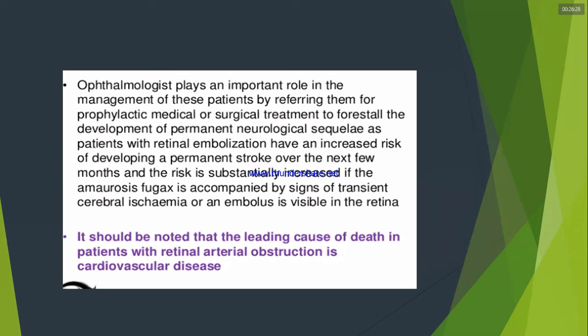So it is very, very important. If you see an embolus in the retina, you have to refer, and you should know where to refer. It should be noted that the leading cause of death in patients with retinal arterial obstruction is cardiovascular disease. So it is an ocular emergency as well as a medical emergency.